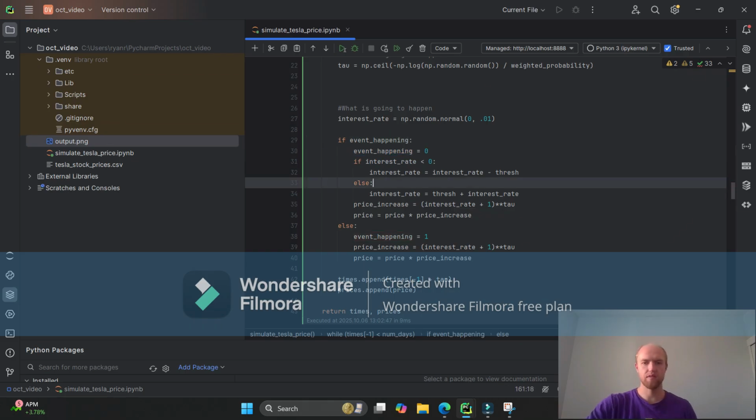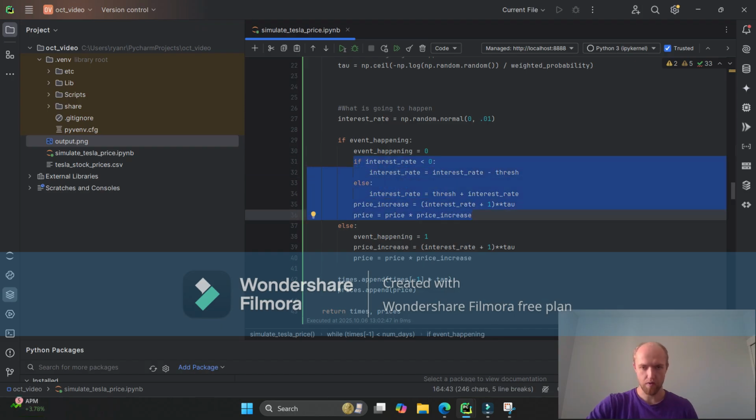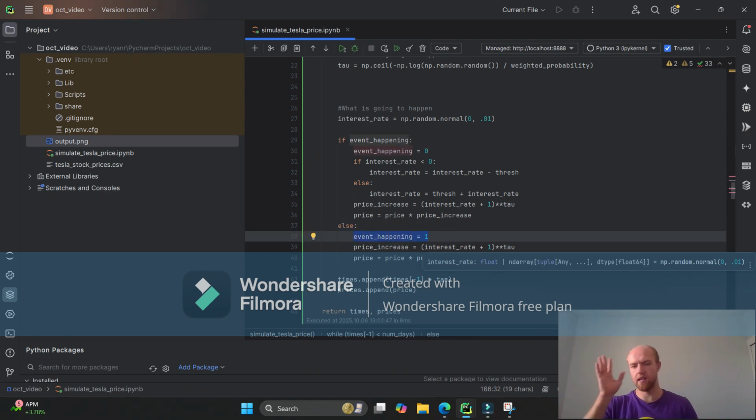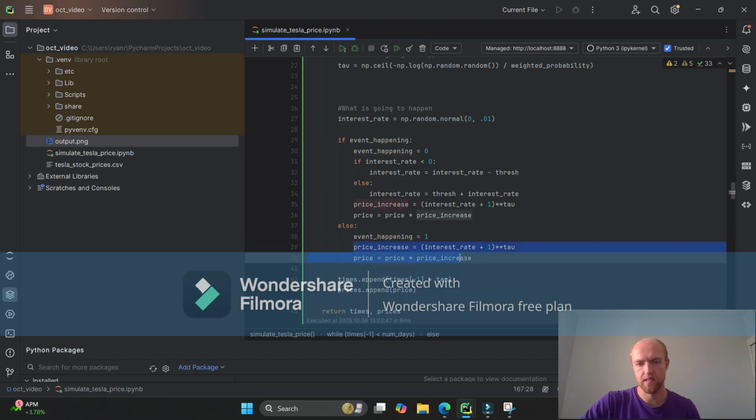And when the event ends, we have to calculate the change in price of the stock over that time period. Otherwise, there's no event going on, and this next time period is the event starting, and the price of Tesla stock increases or decreases. It sort of just hovers along sideways. So that's what this else statement is.